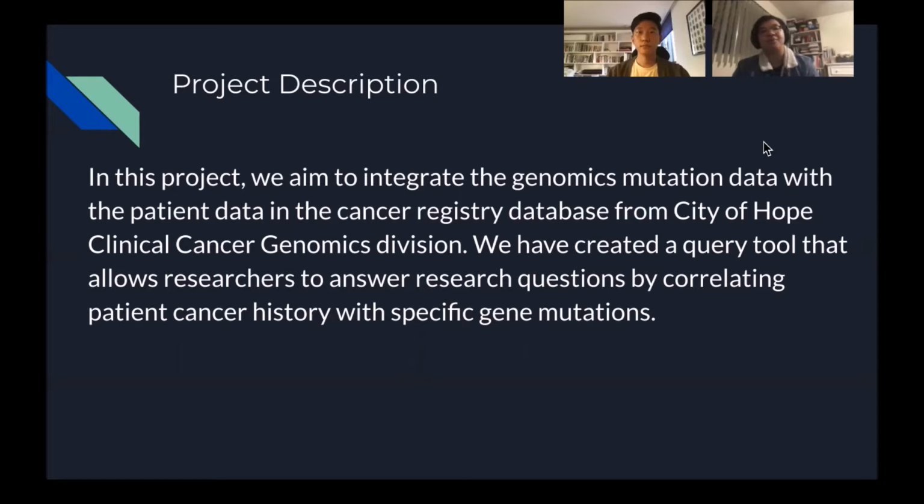So for example, if we want to study BRCA1, which is a very common breast cancer gene, and its specific mutation, with this tool we are now able to see how many patients in our registry have this specific mutation, and also we can see the distribution of the cancer type of these patients. And so with that, we can then learn the correlation between a specific cancer type and these specific gene mutations.